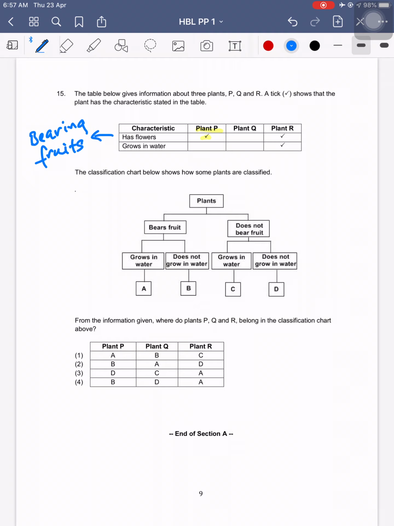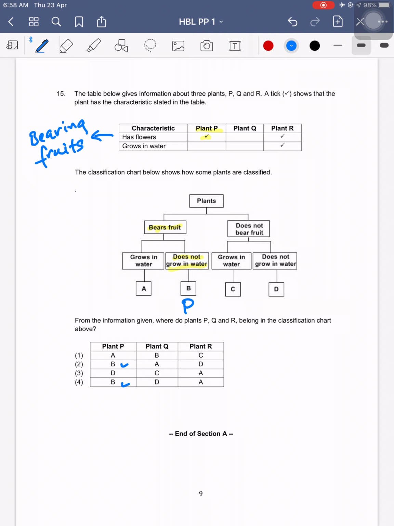Alright, so plant P, I would expect it to be over here. Now, does plant P grow in water? Well, it doesn't. So this should be my plant P. So plant P should be B. So my options will be either 2 or 4.